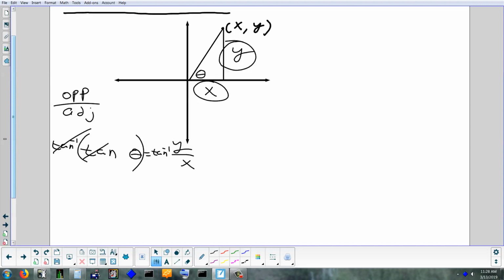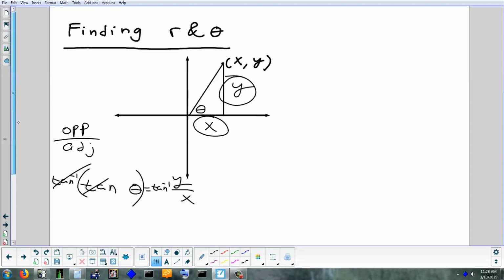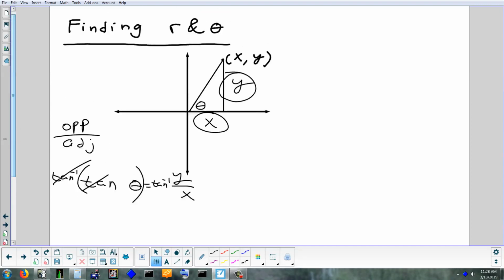Now, the only problem with inverse tangent is that it will only give you an answer from negative 90 degrees to positive 90 degrees. In terms of my quadrants, what quadrants does that cover? Inverse tangent only gives you an answer between negative 90 and positive 90.